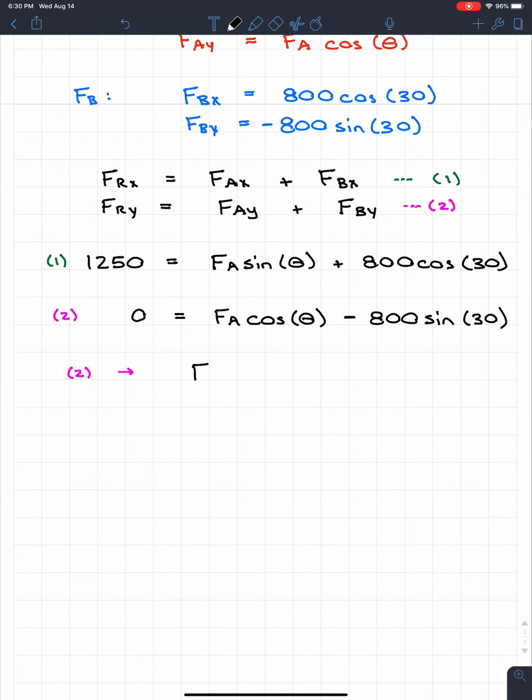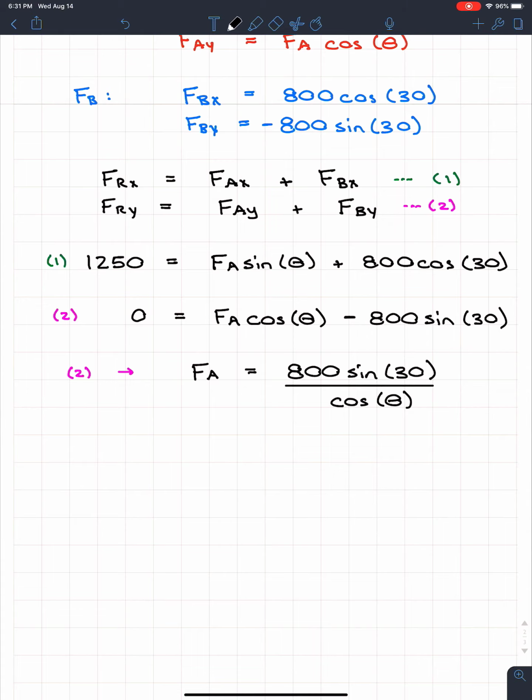So FA is going to be equal to 800 times sine 30. So I just moved the 800 sine 30 to the other side. And of course we have to divide by cosine of theta. Perfect, and I'm just going to underline that because we're dividing all of it together, and ta-da.